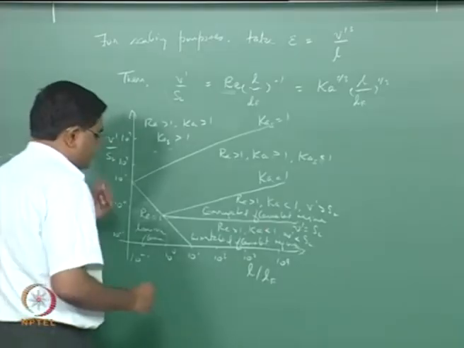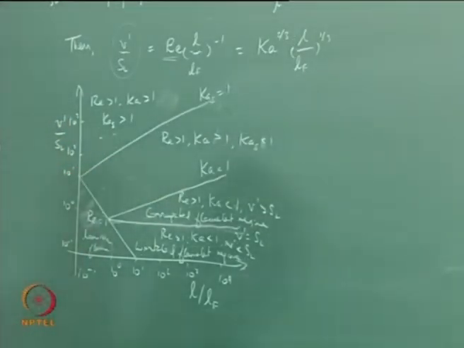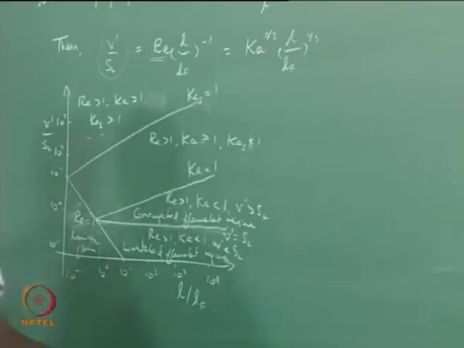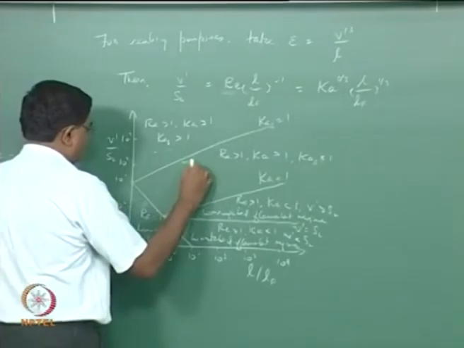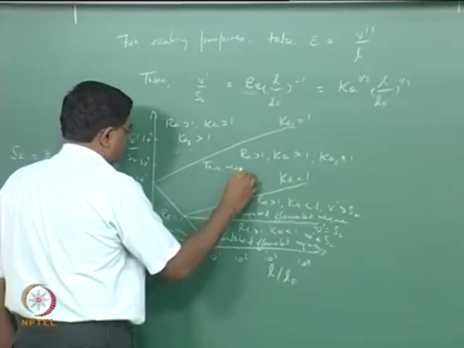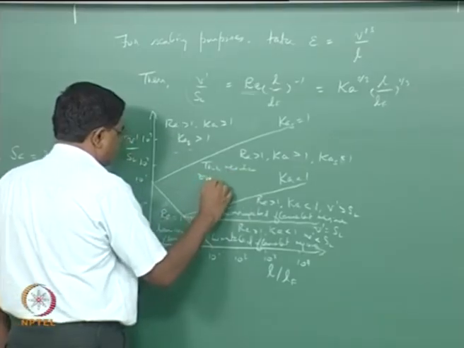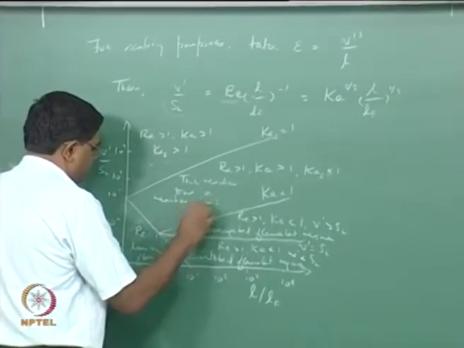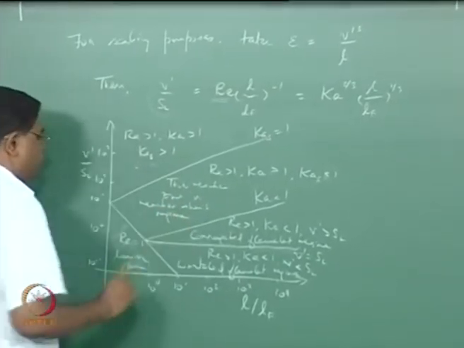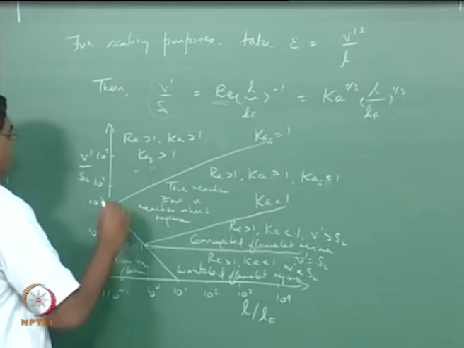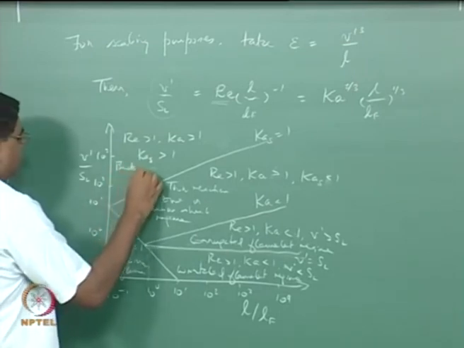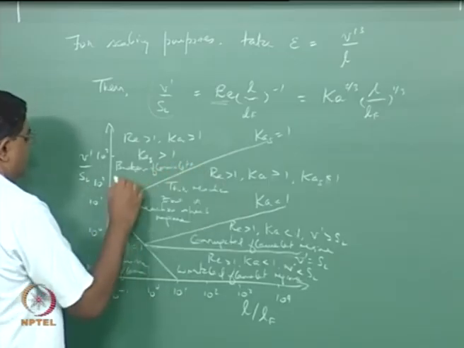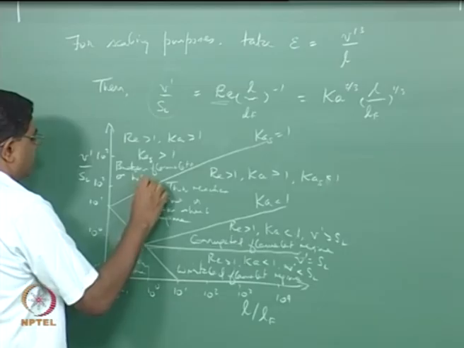We are going to call this the thin reaction zone regime, or reaction sheet regime, you can call it either way. And this is what you would call the broken flamelets regime, or the well stirred reactor regime.